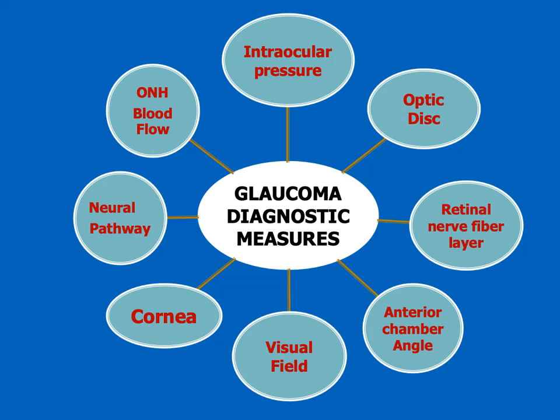We are going in this part of the lecture to focus on the intraocular pressure measurement, optic disc and nerve fiber layer examination, anterior chamber angle examination, and visual field testing.